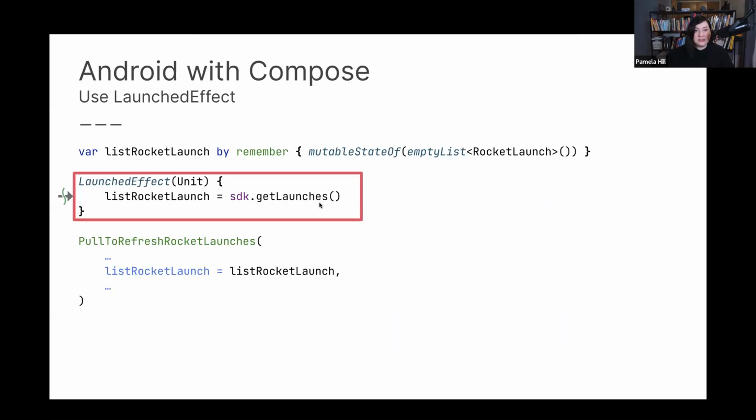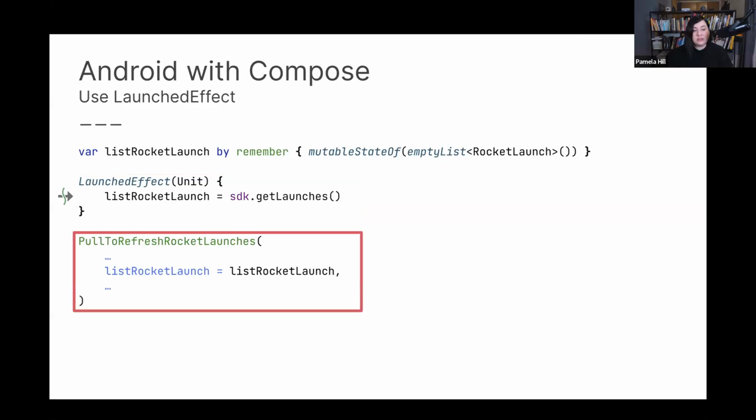If I am using Android with Jetpack Compose, I have to use the LaunchedEffect side effect to use that suspend function within my Compose code. Whenever getLaunches returns with some values, it will set the rocket launch list, which will cause a recomposition for this composable called PullToRefreshRocketLaunches.